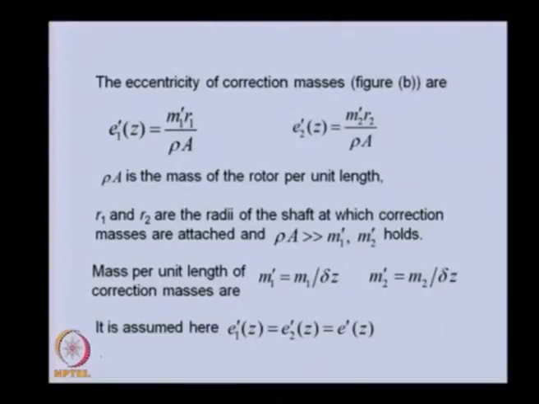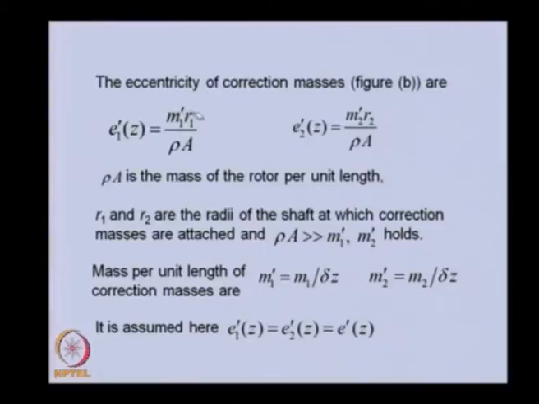Now, the eccentricities of the correction masses which we kept are given like this. Here we can see that the correction masses are at the R1 location, and we are calculating the eccentricity by equating the force which the correction mass gives.